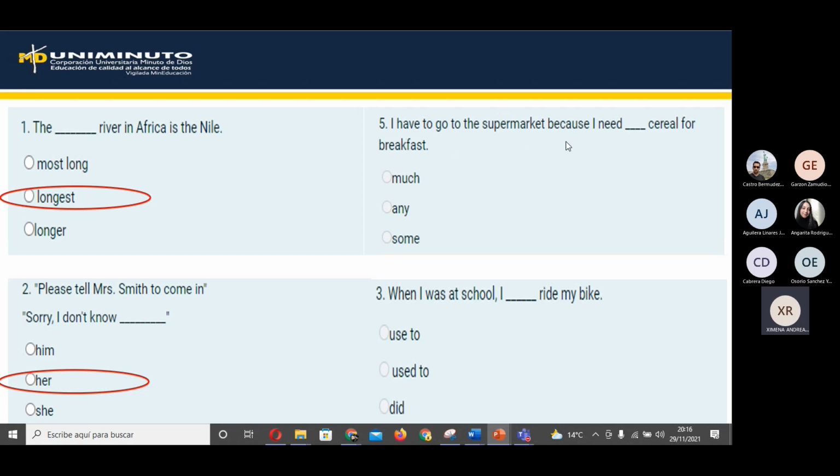Here, I have to go to the supermarket because I need some cereal for breakfast. Yes, because this is affirmative and we don't specify the quantity, it would be some. And the last one, when I was at school, I used to ride my bike. This is simple past. And here, this expression solía también sería una expresión del pasado.